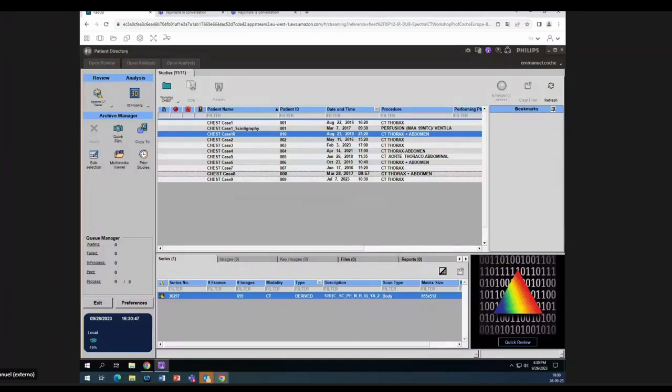So in the meantime, there's also another question that came in. It's not directly chest related, but the question is whether or not it's possible to characterize a lipid-rich adrenal adenoma on a virtual non-enhanced image. Can you answer that?